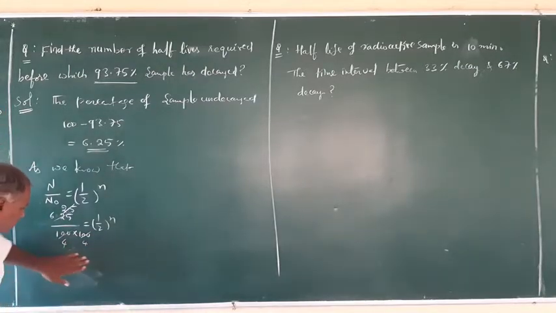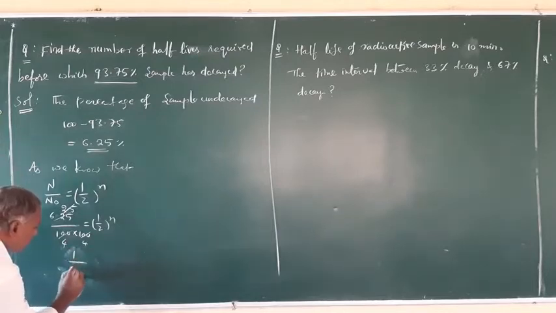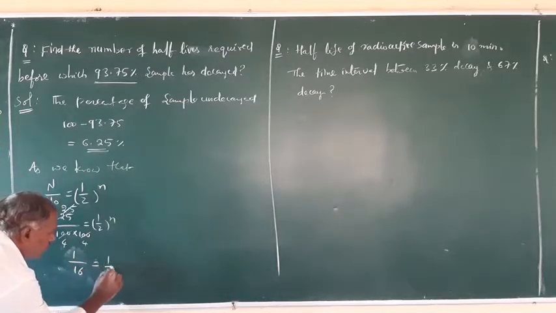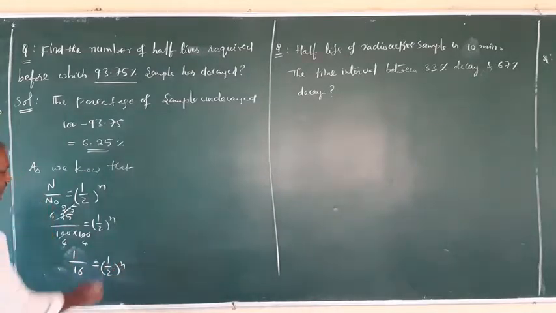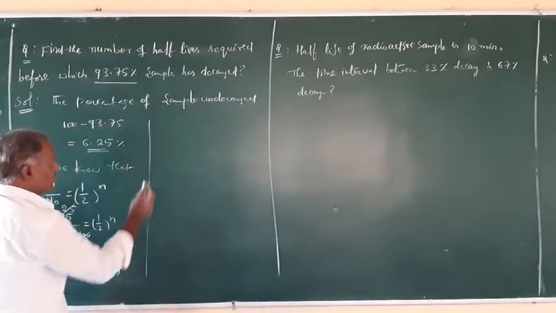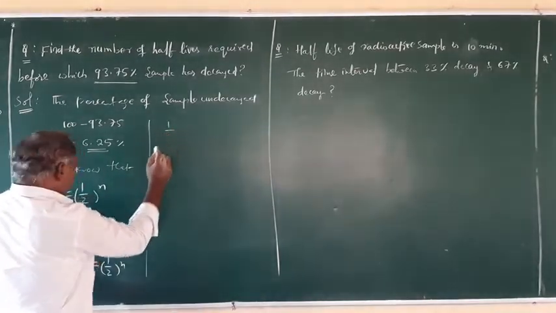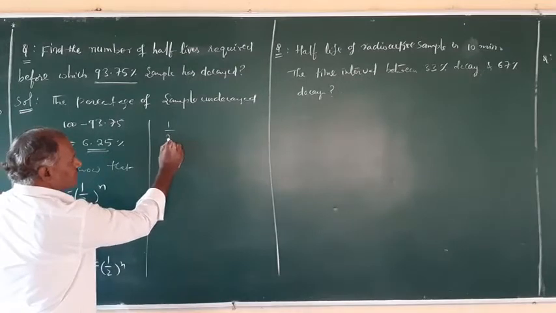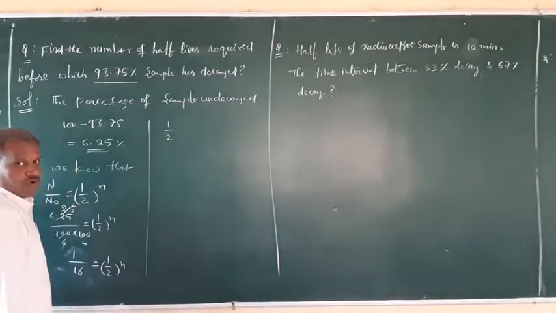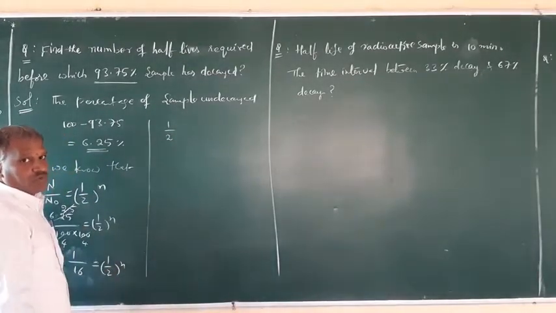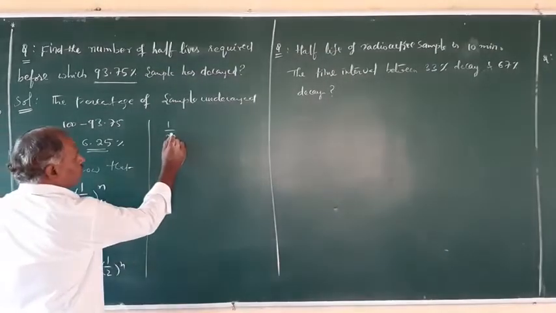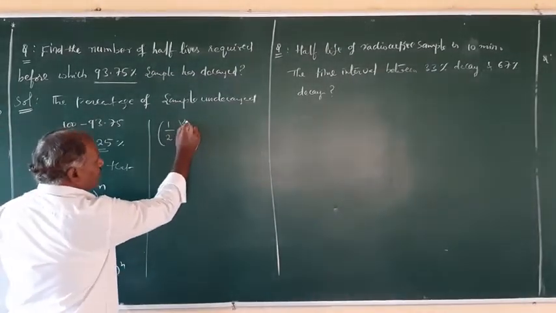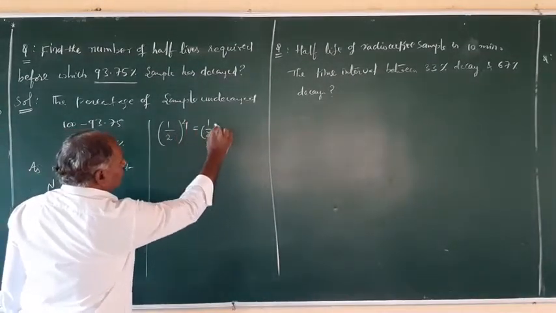Just a small modification: 1 upon 16 is equal to 1 by 2 power n. 16 can be written as 2 power 4, that is 2 into 2 into 2 into 2, four times. So 1 by 2 power 4 is equal to 1 by 2 power n.